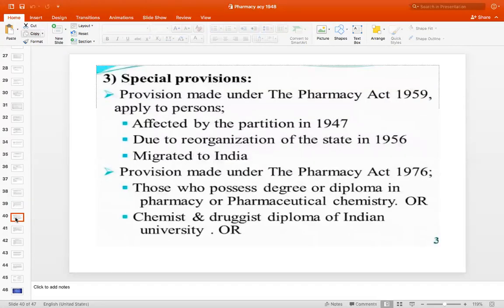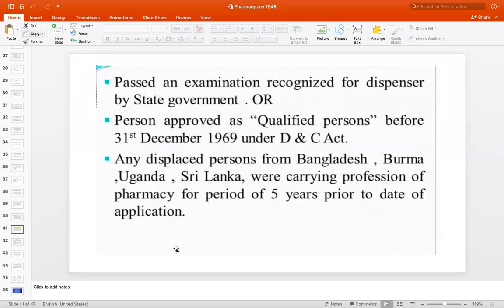What is the special provision? Special provision is if you are a person who was born or got your education at the time of partition, and due to reorganization of the state, or you migrated to India, then under this Act 1976, you should have a degree or diploma in pharmaceutical chemistry, or be a druggist chemist from a university, or you should pass the examination from the state government.